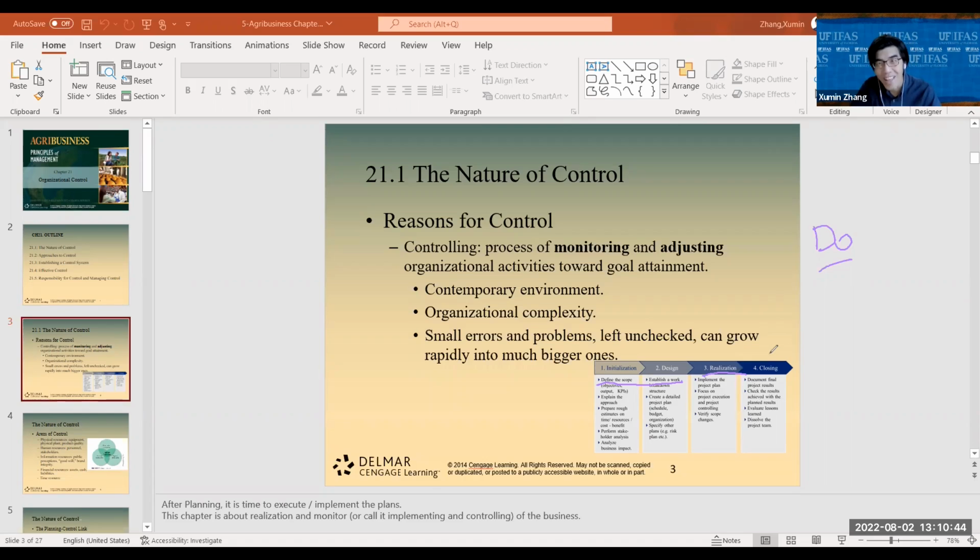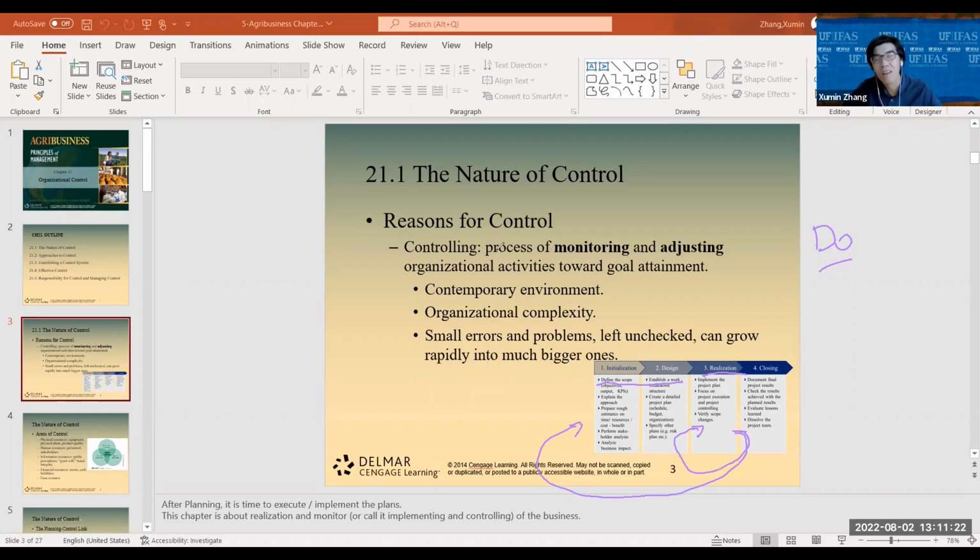Like project management, we have the closing phase, but for our daily operation, we don't close. So we make this like a circle, repeating the phase. If nothing happened, we just circle here, a small circle. If it is a major change, we need the big circle, including change of the target, change of the goals, or even change of the strategy.